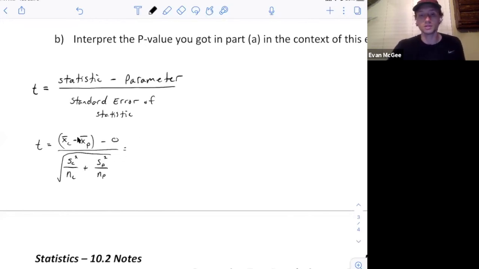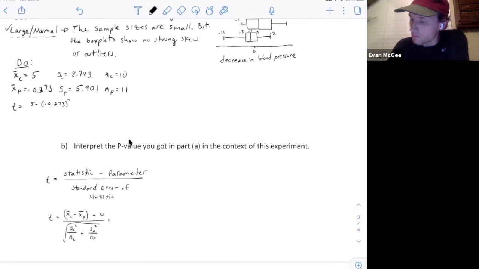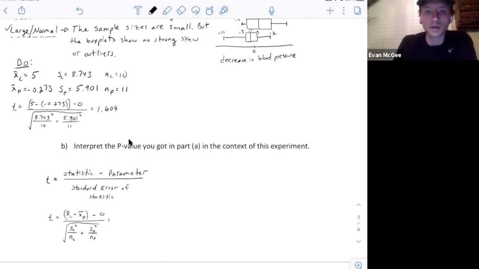And so we'll plug these values from our samples in to get our test statistic in the do section above. So after plugging in and subtracting the difference between the two means, even though remember this one was negative from the placebo group, we calculated the test statistic of 1.604, and now we'll use this to find our p-value, and then we can find our conclusion for our test.